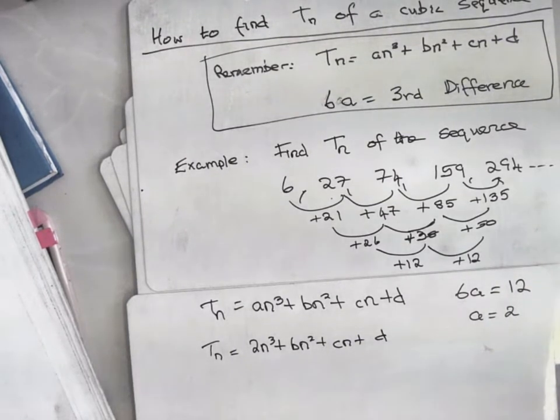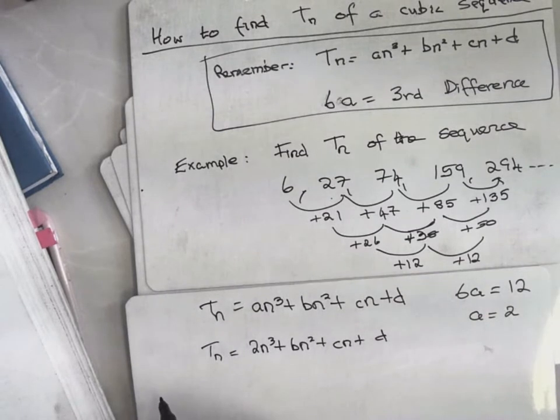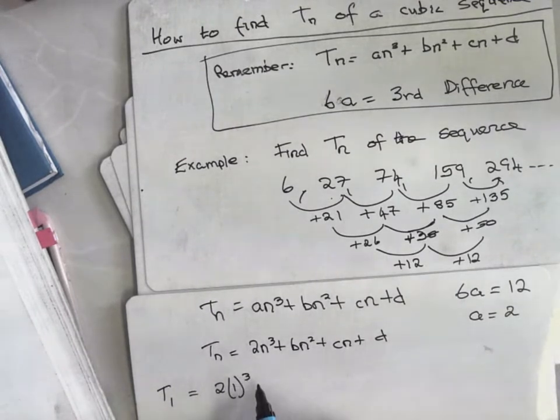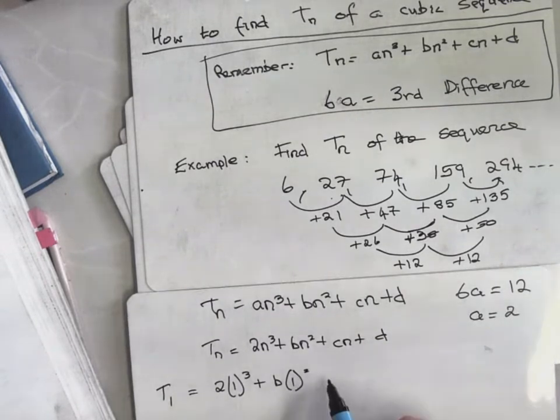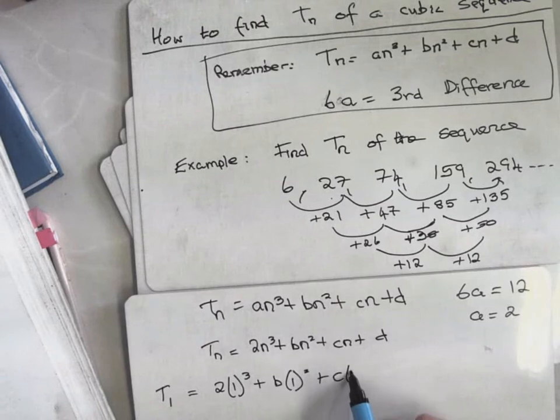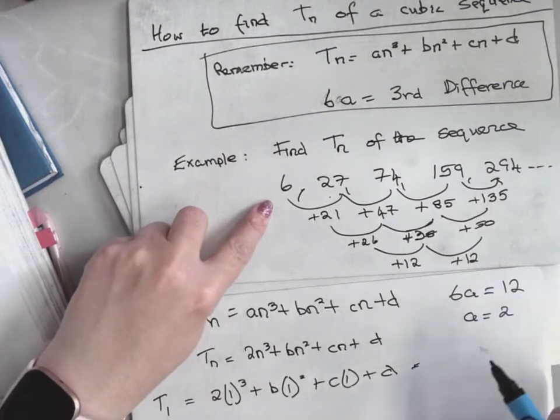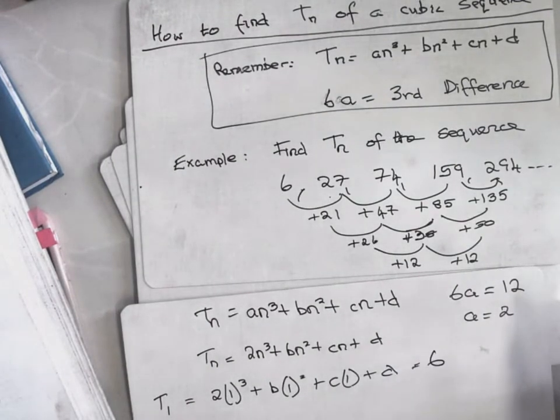Same pattern as I did for quadratics, except I'm going to end up solving simultaneous equations in 3 unknowns. T1 means term number 1, so everywhere I see an n, put in a 1. So it's 2 times 1 cubed plus B times 1 squared plus C times 1 plus D, and term number 1 was 6, so the answer is going to be 6.